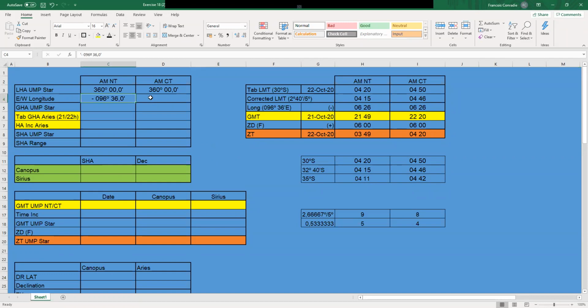From that, we will subtract an east longitude, and it's going to get you the GHA for the star at Upper Meridian Passage. Okay, so we have the GHA for the star.